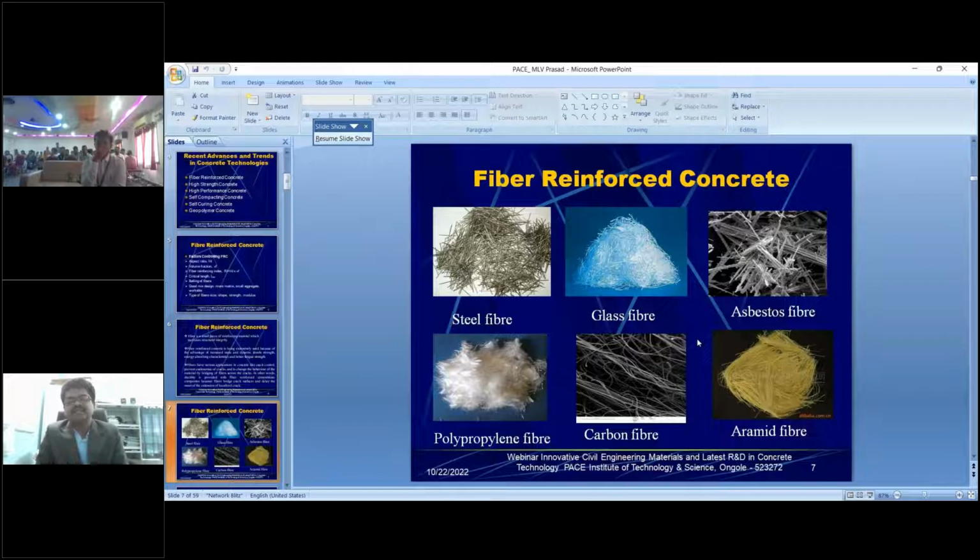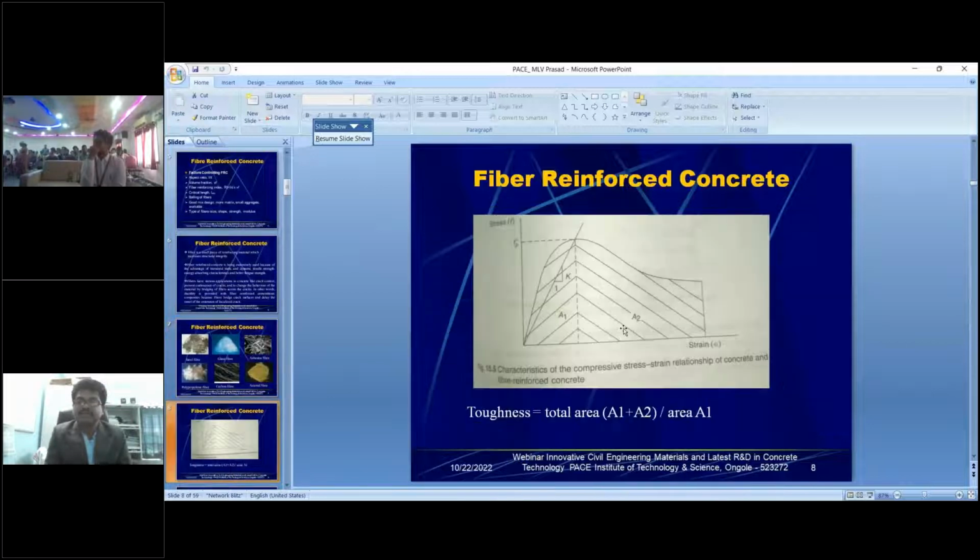The advantage is that it arrests the cracks and prevents leakage, because fibers are very good at arresting cracks and have very good bonding with the concrete. If you see the stress strain diagram of fiber reinforced concrete, after the ultimate point, the area under the curve, A1 and A2, indirectly shows we are improving the ductility of the concrete.